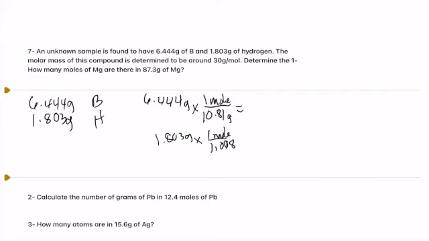And so again we are looking here for whole numbers. And so we look at figuring out our mole ratios. And we're going to take the smallest number and divide it into the larger number. And that's going to give us our ratios.